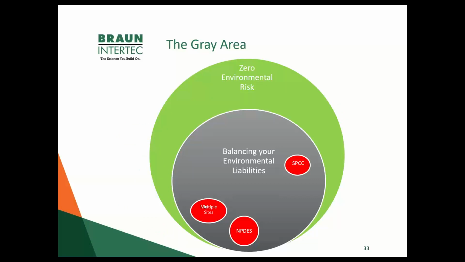You can look at it like this: each of these red circles here is an individual regulatory element of compliance that you have to meet, and you can do the minimum in each one of those little elements, but keeping them all isolated may actually be more work for your staff or the person managing your facility. You can look at whether you can combine these into a more streamlined process with some additional investment and some thought about how to consolidate our efforts.